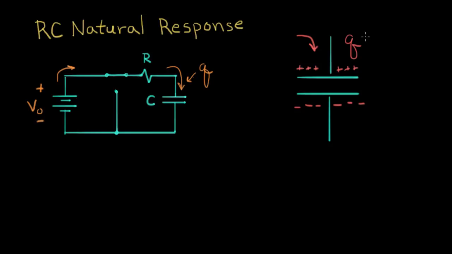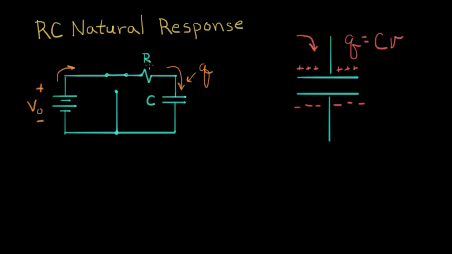And for a capacitor structure, we know that the amount of charge here is equal to the capacitance value times the voltage. So as more and more charge accumulates here, the voltage goes up. C is fixed. It's a property of the capacitor. If charge goes up, then V goes up. So let's go back over here and see what happens.